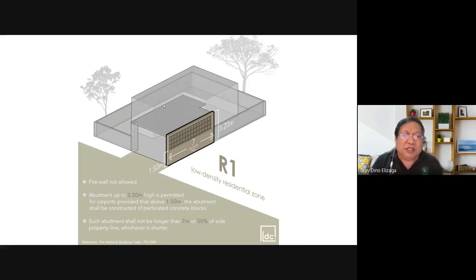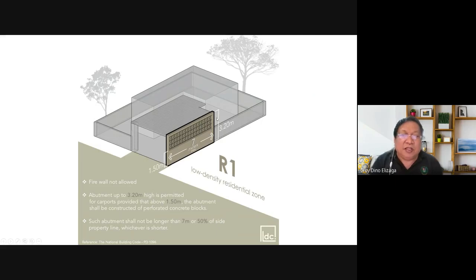Beyond the setbacks, you cannot build anything enclosed, a room, part of the house. But a carport is not enclosed, so it can make use of the setback. But since it makes use of the setback, you have to put a firewall. Here are some restrictions. It should only be 3.2 meters and 1.5 meters should be closed. The rest can have an opening there.